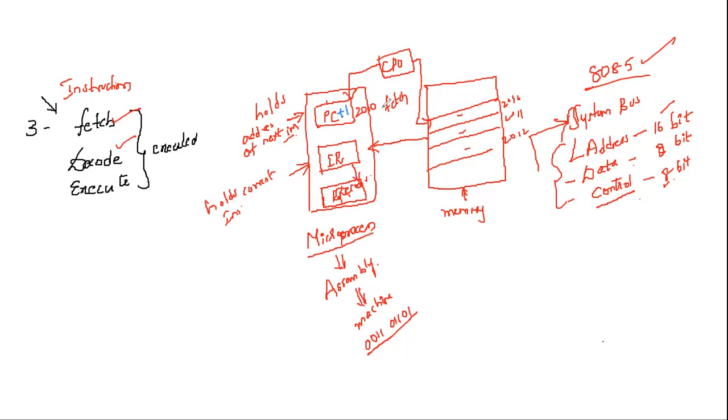Initially the address is 2010; if it is incremented by 1, the address is 2011. Now the program counter holds the address 2011.